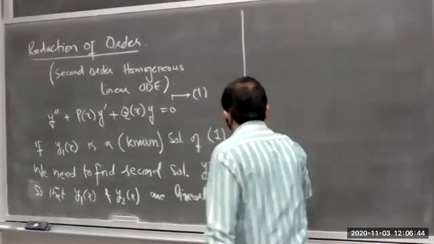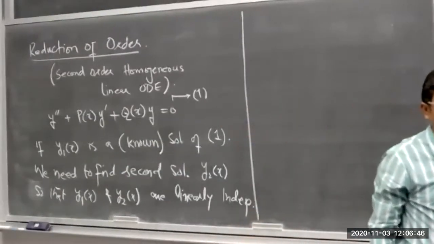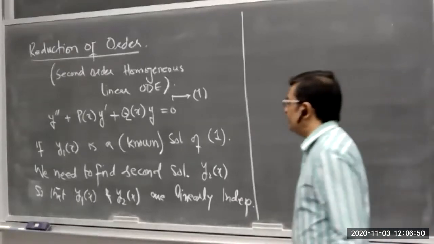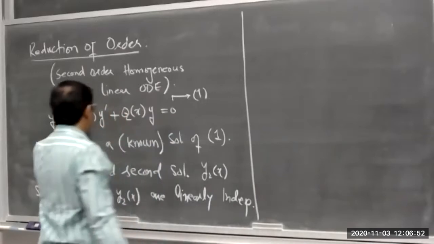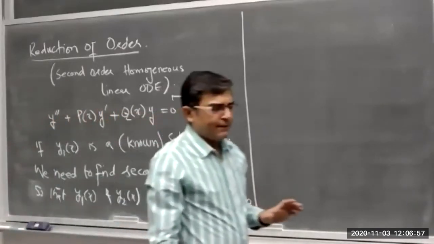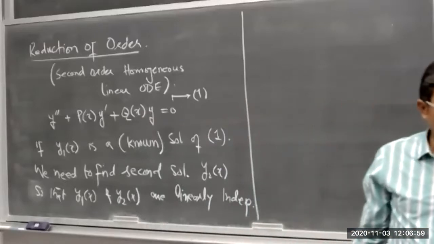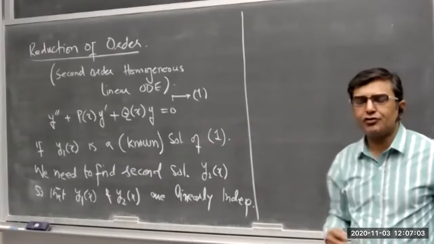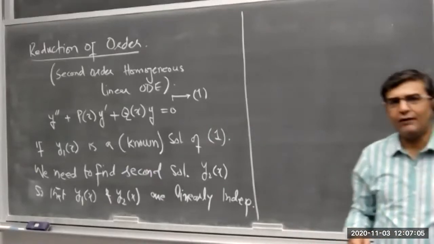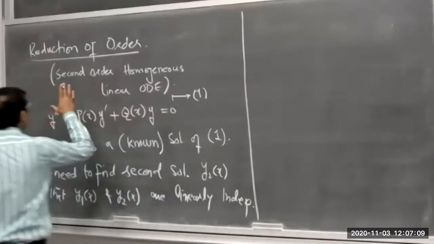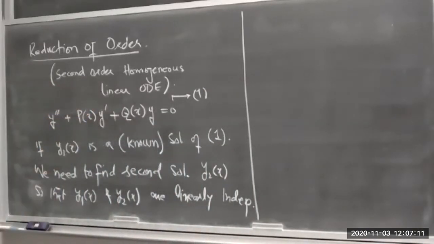Why do we seek another solution y2 of x of this equation if y1 of x is known? Because it's a second order differential equation, its general solution must contain two integration constants or two parameters. The solution should be a two parameter family of solutions. We would need this method while solving higher order ODEs.